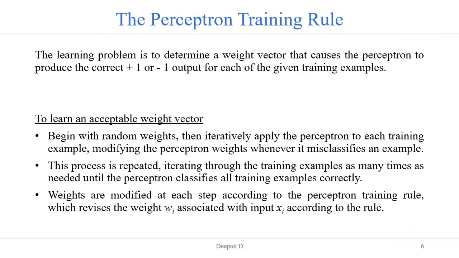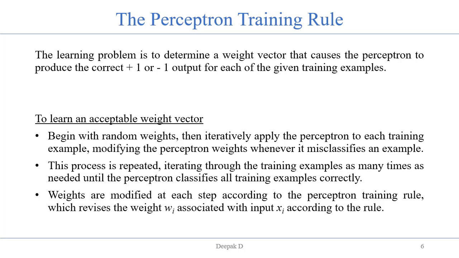While representing the Boolean functions using perceptrons, I took the weight values directly. I have not explained how to actually obtain the weights for a perceptron for given inputs. So let's discuss how these weights are learned.